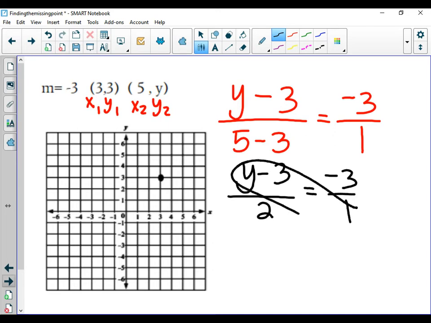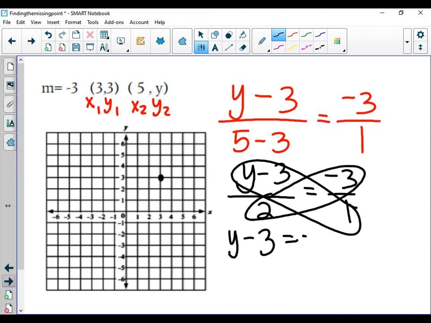You want to do cross product since we're multiplying by 1. If you were multiplying by a number here, that would be the distributive property, but we're just multiplying by 1. So this is y minus 3 is equal to negative 6, because negative 3 times positive 2 gives me a negative 6. Add 3 to both sides.